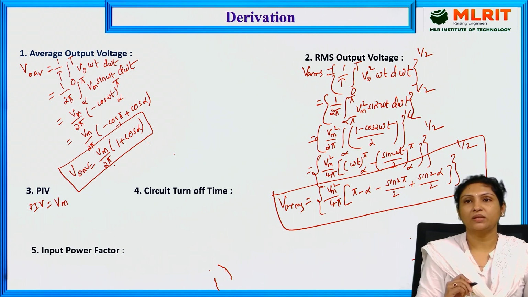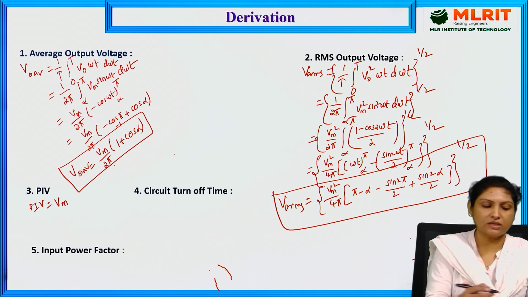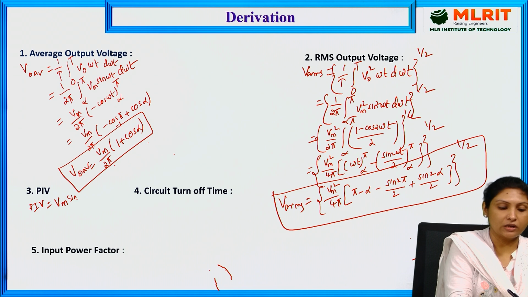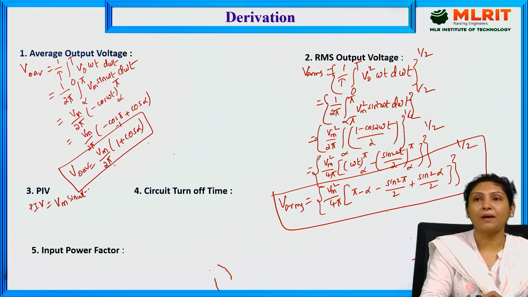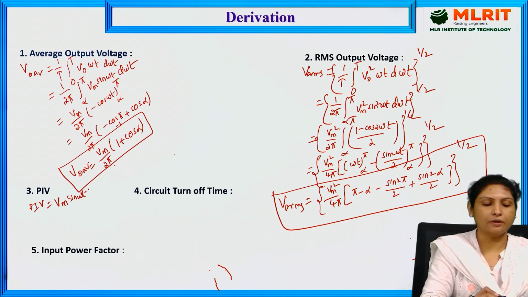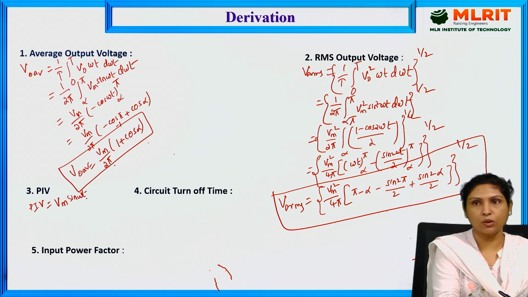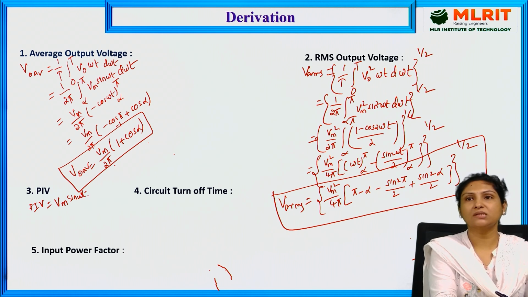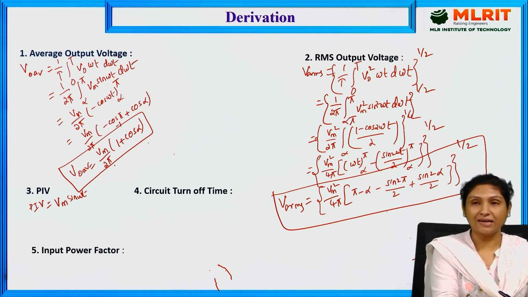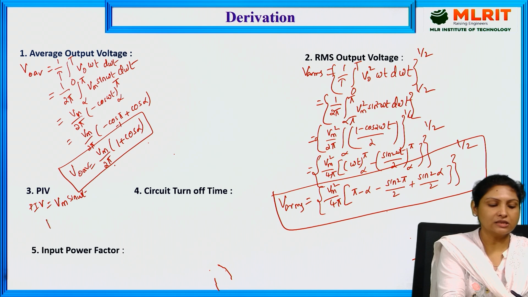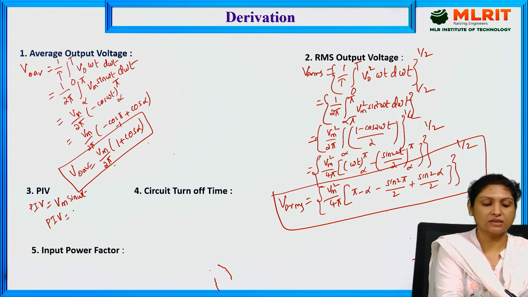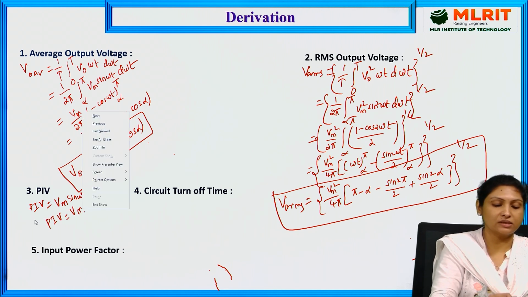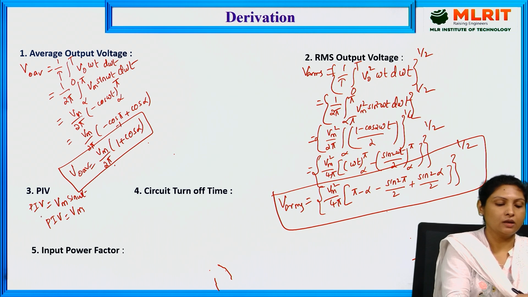See, when the thyristor is under reverse bias condition, the voltage which appears across it is Vm sin omega t, is it not? And the maximum voltage can appear at omega t equal to pi by 2. Pi by 2 means 90 degrees, sin 90 will be 1. In that case, the peak inverse voltage for single phase half wave rectifier with resistive load will be Vm.